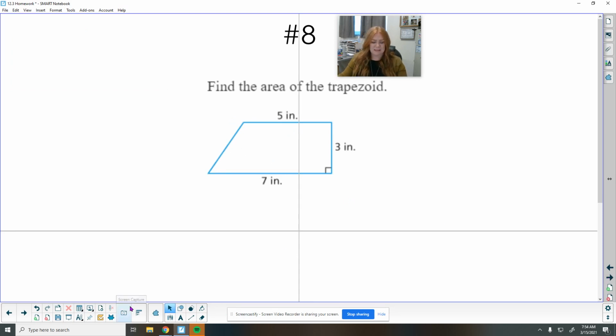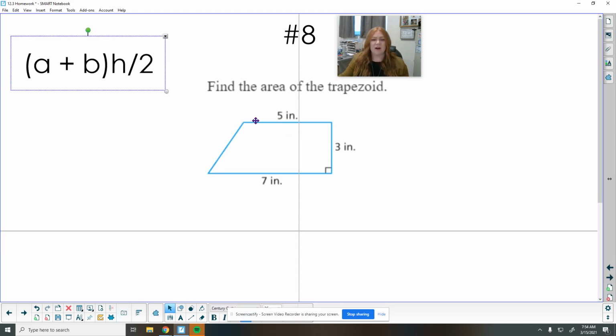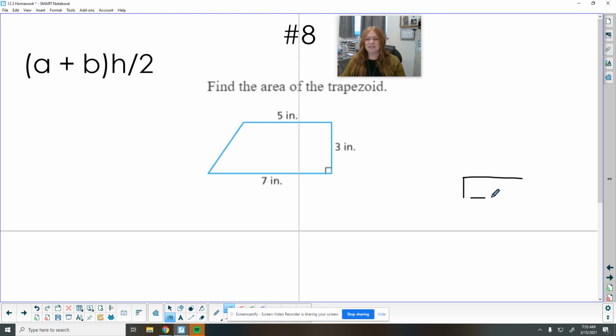Number 8, take our first base, add it to our second base, times that by the height, cut it in half. So this one, I think as we're doing this, it's going to end in an odd number. So whatever this number is here, I think I will have just 2 digits here. So we'll take that. It's an odd number.